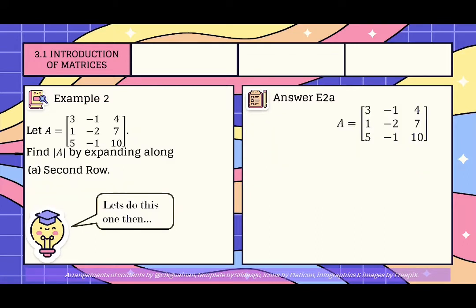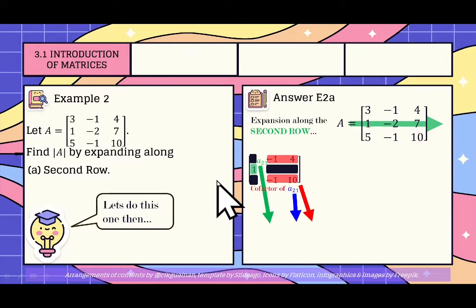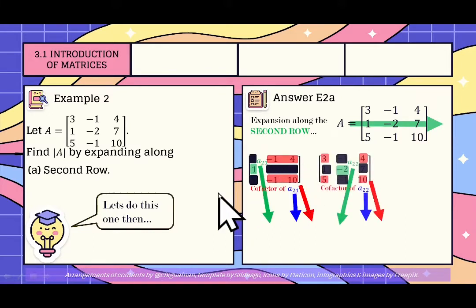Let's have a look at the second example. For this one, the question specifies to expand along the second row. The second row is somewhere over here, so the elements are 1, -2, and 7. So let's expand along the second row. This is the element and its cofactor.